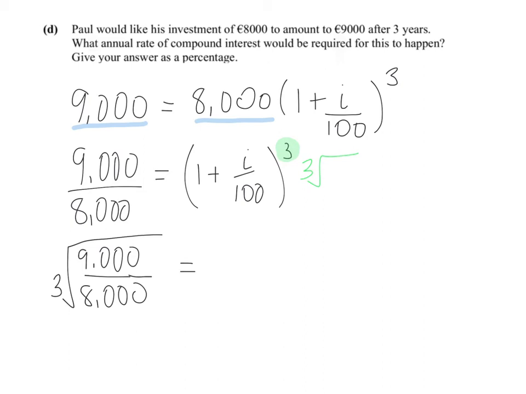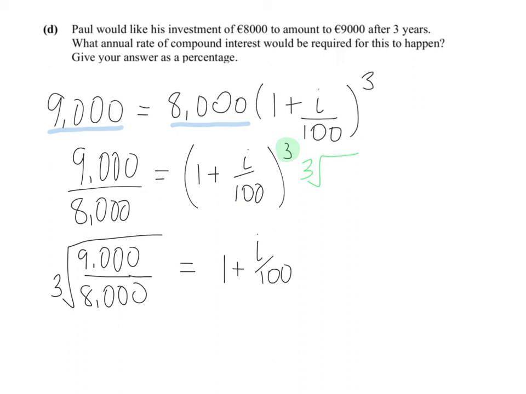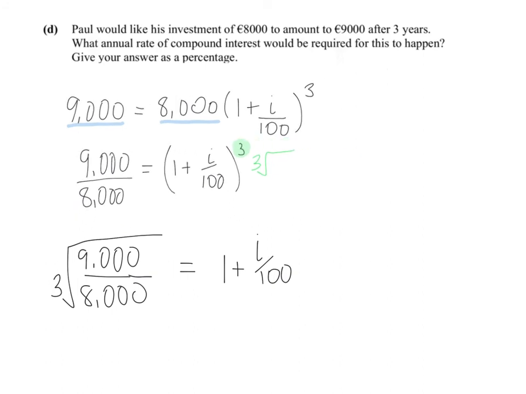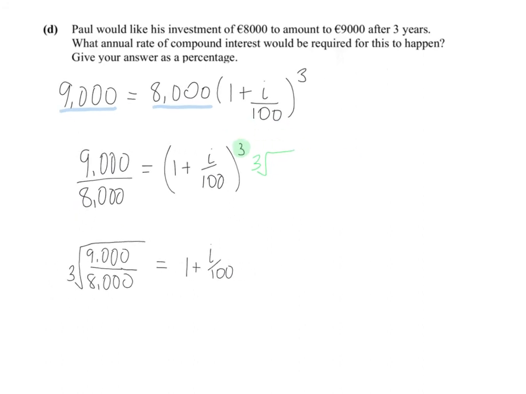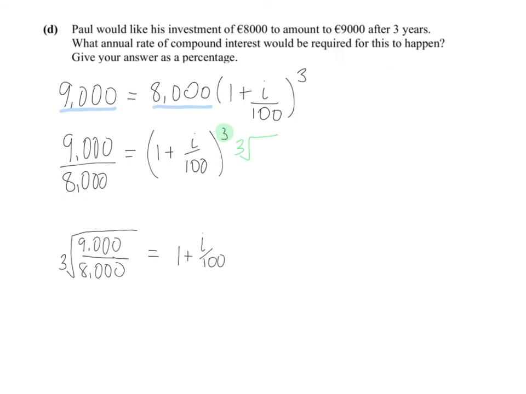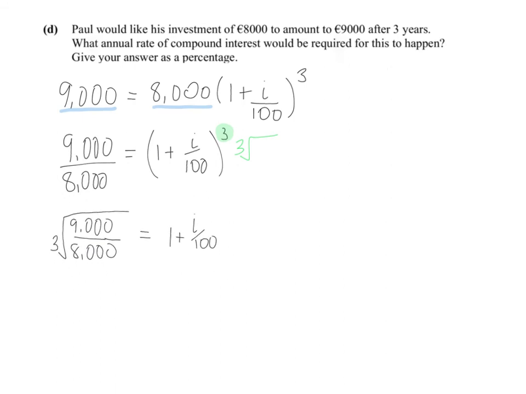And that's going to be equal to 1 plus I over 100. So when we solve that, this is going to work out as 1.04. It's going to be equal to 1 plus I over 100.